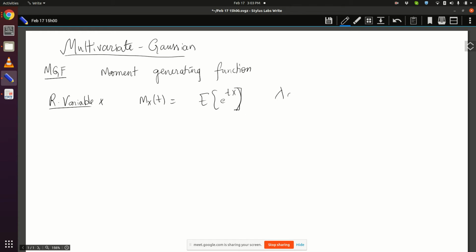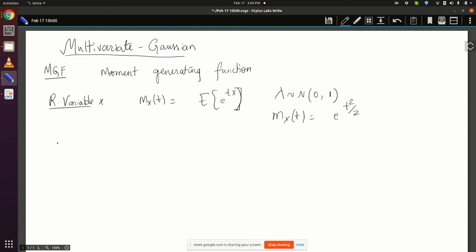If x is a normal distribution with mean 0, variance 1, then the MGF M_x(t) is actually e^(t^2/2).